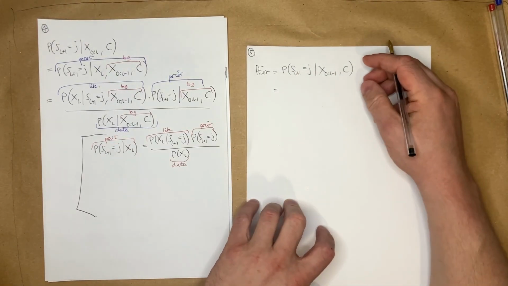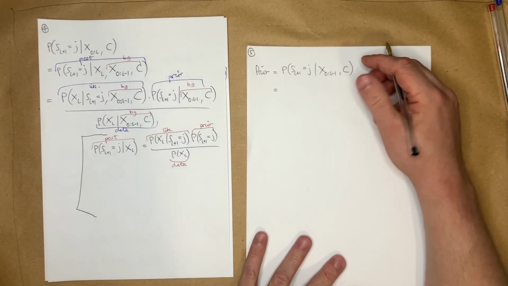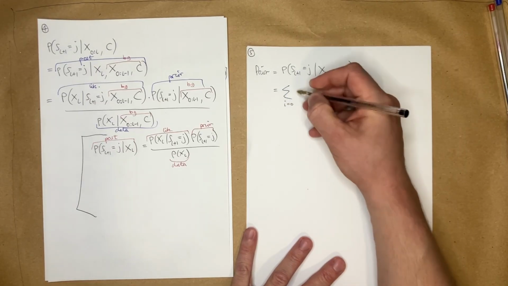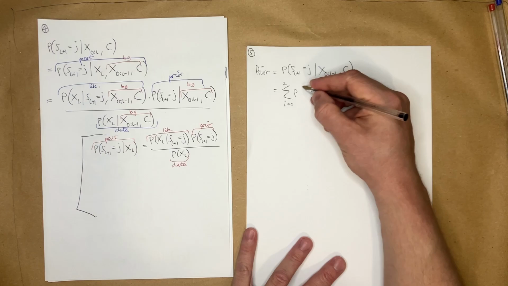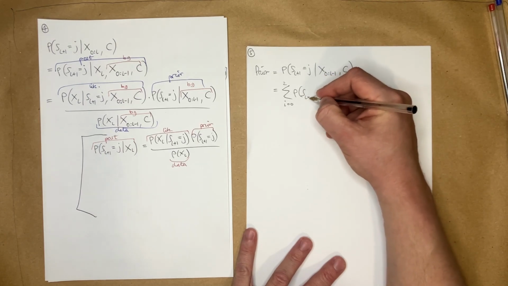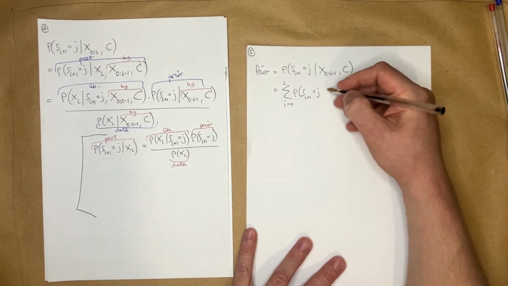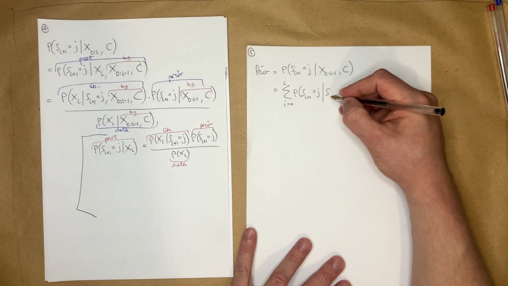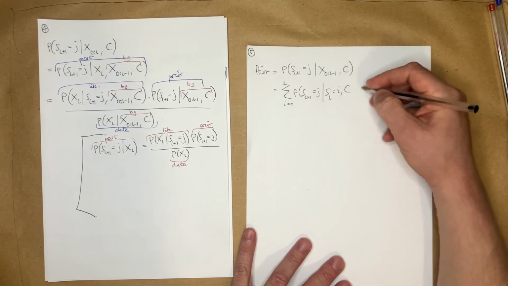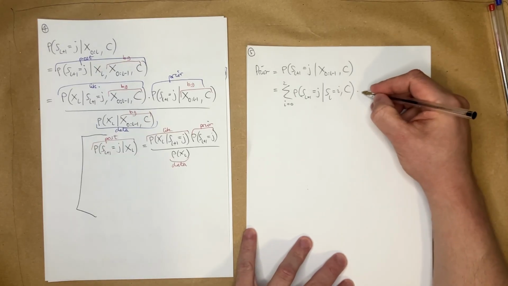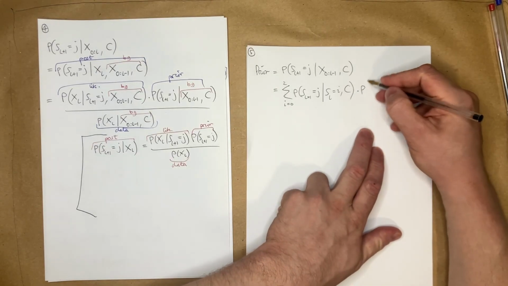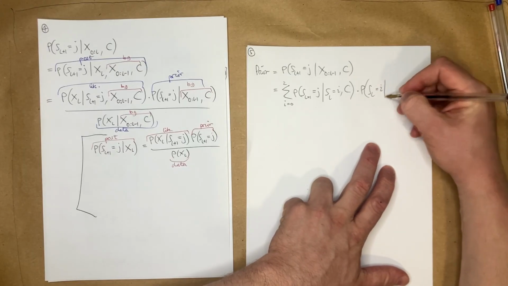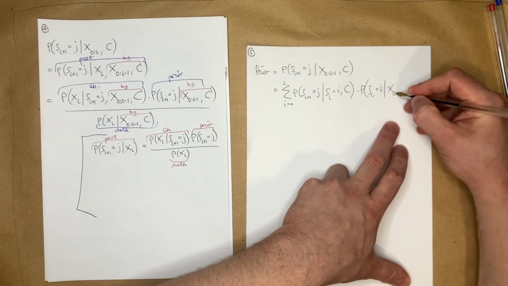But what I can do is marginalise over the states I, like I did earlier. So I'm just going to write the sum over I equals 0 to 2 of the probability of S L plus 1 equals J, given that the hidden state at step L is equal to I, with component C, multiplied by the probability that the hidden state at L is equal to I, again conditioning on our background data.